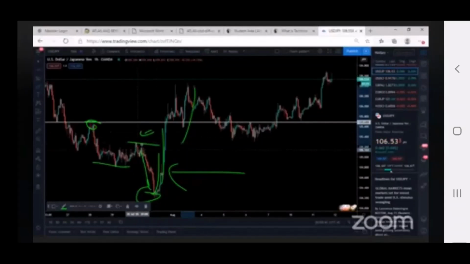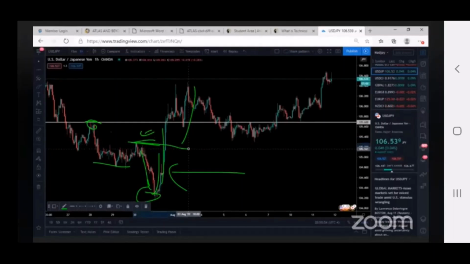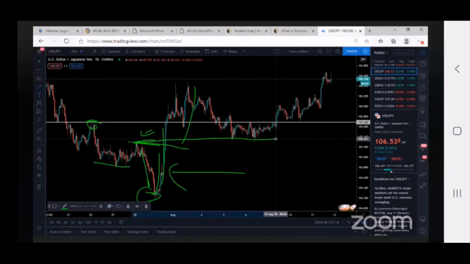Draw a horizontal line like this, just a horizontal line on the high. Actually, put one all the way across. Oh, okay, I see what you're saying. Boom. That becomes your next support level, baby.